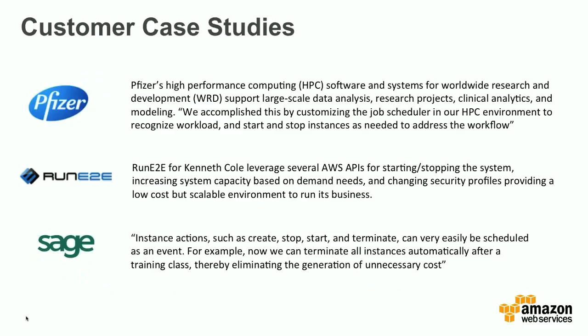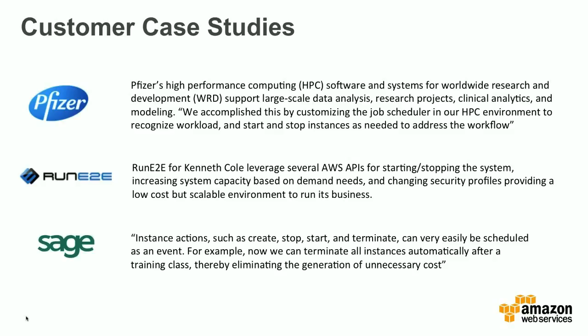We have Pfizer, who run very large-scale, high-performance computing environments. They've got a job scheduler, a third-party job scheduler they're using themselves. They will provision HPC clusters to start those instances at certain points of the day or certain points of the week, and will also stop or terminate those instances once the actual task has been completed, based on time.